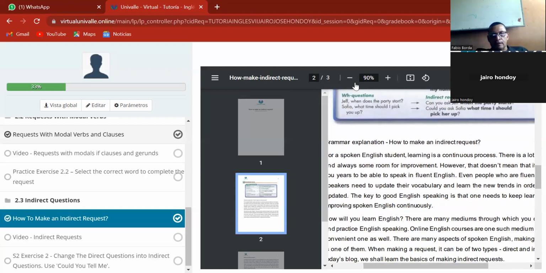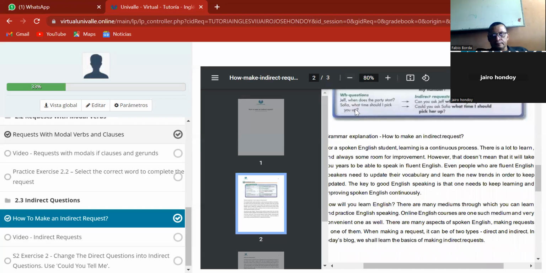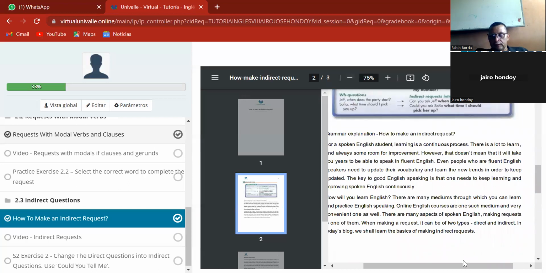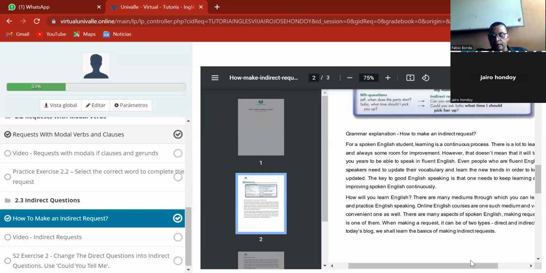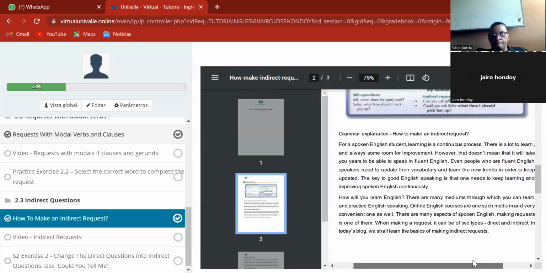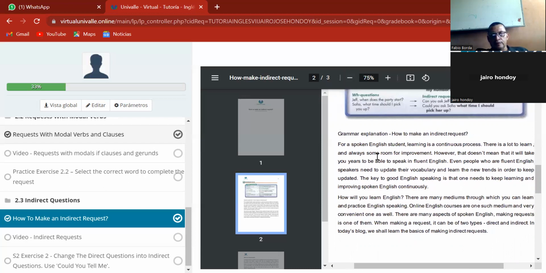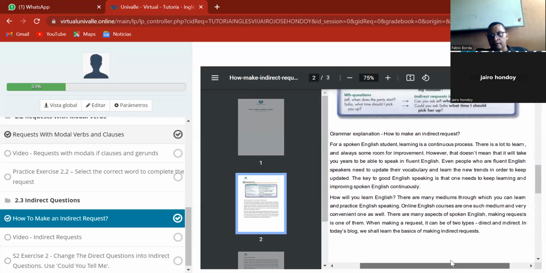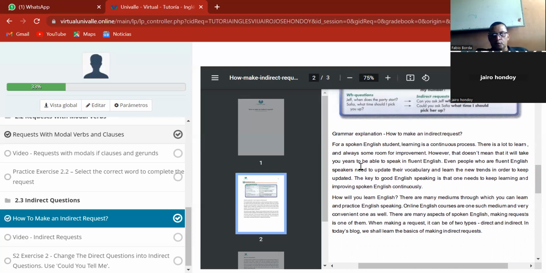Okay. The next one is a grammar explanation for spoken English: how to make an indirect request. For spoken English, learning is a continuous process. There is a lot to learn, always some room for improvement.